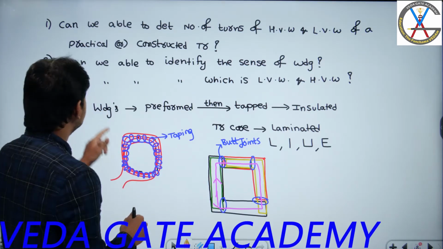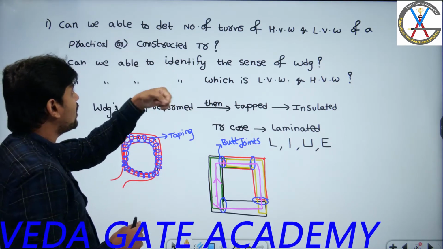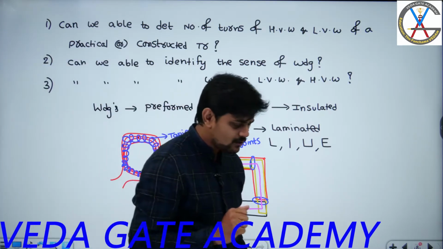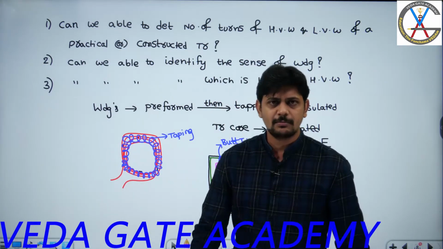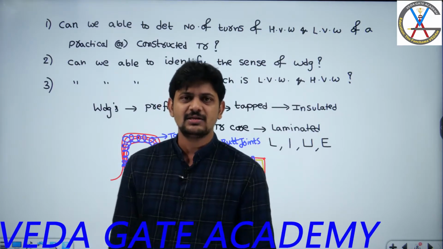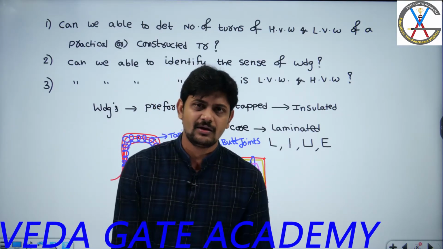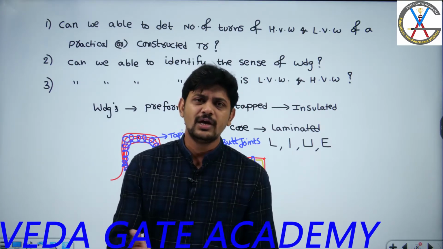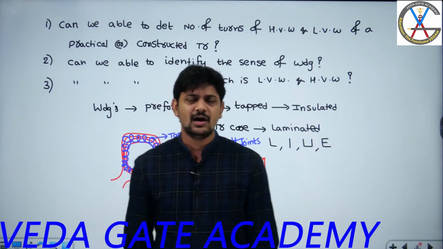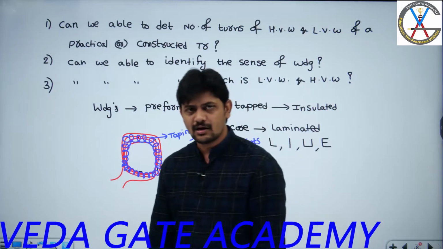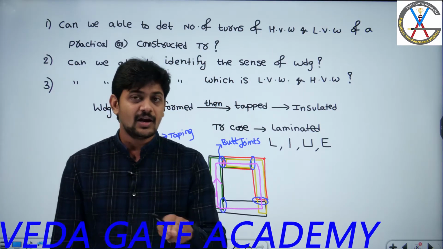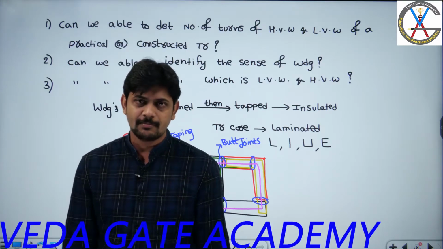Now why I am discussing this is in order to understand whether we are able to determine the number of turns of the HV winding or LV winding. Now, generally in examples or problems, they mention a 10 kVA, 1000 volts by 100 volts. So from that we came to know that the HV winding is 1000 volts and the LV winding is 100 volts. From that I will get the turns ratio, but I cannot say the number of turns of the HV and LV winding, right?